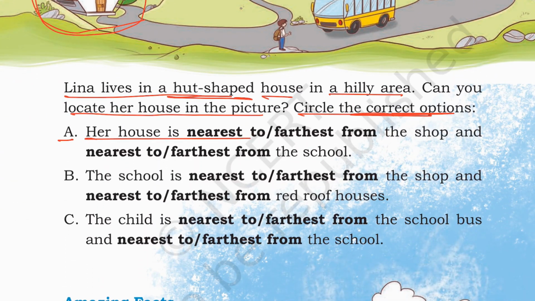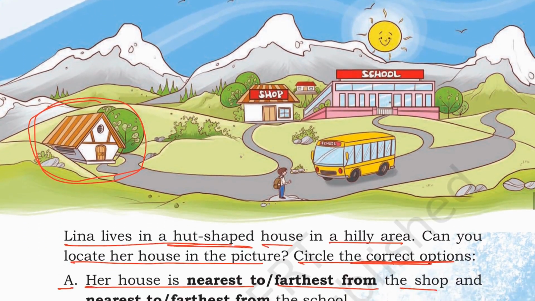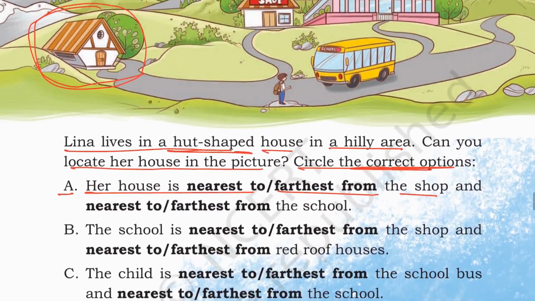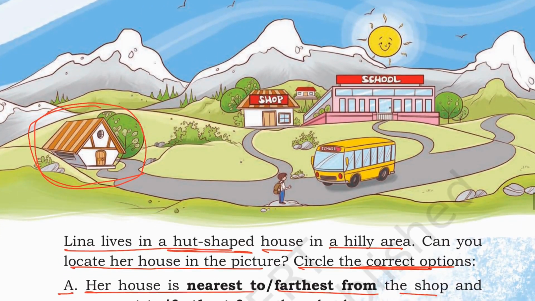Her house is nearest to or farthest from the shop, and nearest to or farthest from the school. You can see her house is farthest from the school as well as the shop.